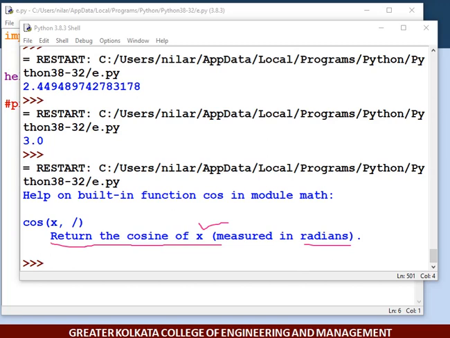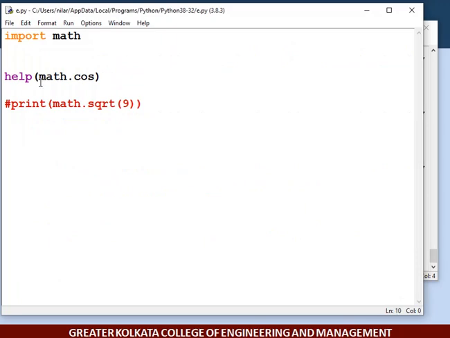So now write an example. Very simple example. Simply we would like to write down the value of cos of 1. Okay, what will be the value of it?